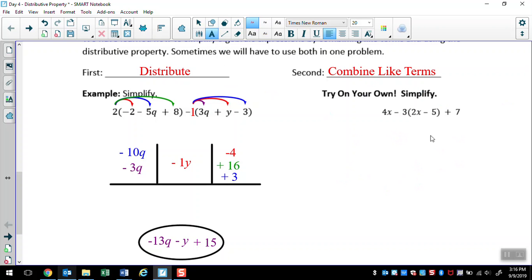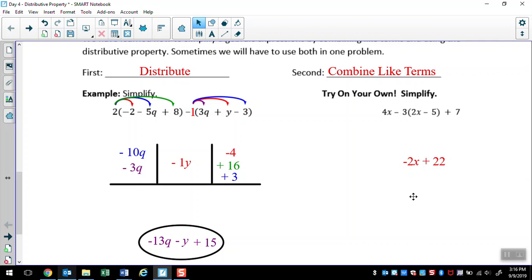Your final answer for this one should be negative 2x plus 22. That should be your final answer. So check to make sure you've got that correct. Come into class next time with any questions you may have.